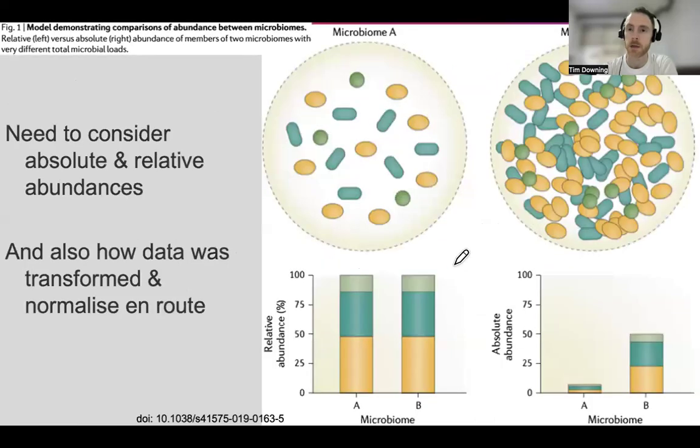And a final point is the nuances of comparing across different studies, which is complex. There's a good paper on this, denoting the differences between looking at the relative abundances of different microbiomes across different studies, where the extent to which different microbes are sampled in a study is very, very crucial.